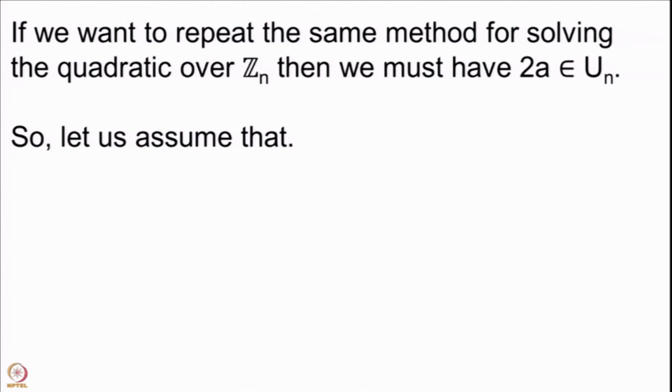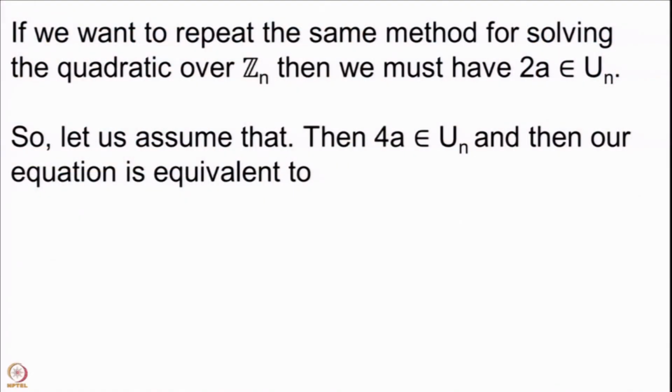So, let us assume this. What we are assuming is that 2a is an invertible element modulo n. If 2a is invertible, we have just now seen that 2 has to be invertible and a has to be invertible. So, what we then get is that 4a is also invertible, because 4a can be written as 2 into 2a, and this already implies that 2 belongs to Un, a belongs to Un.